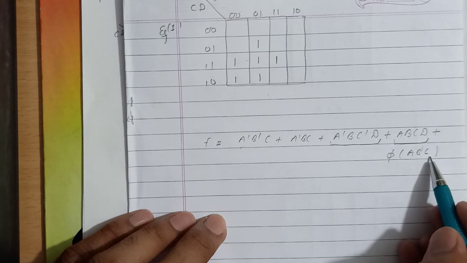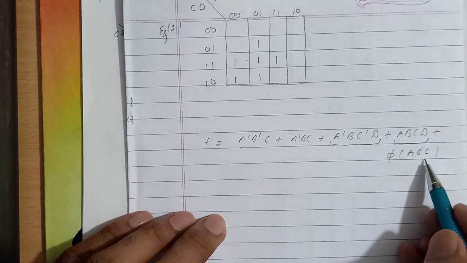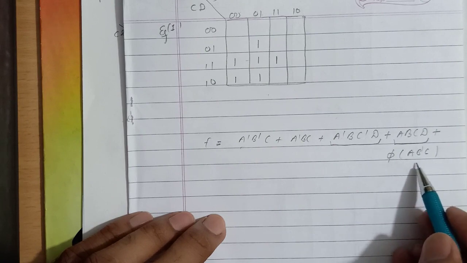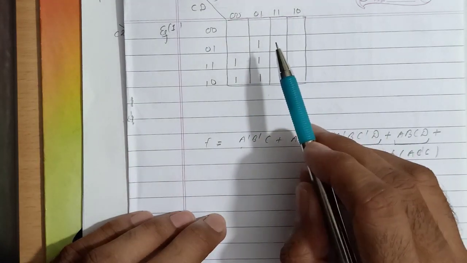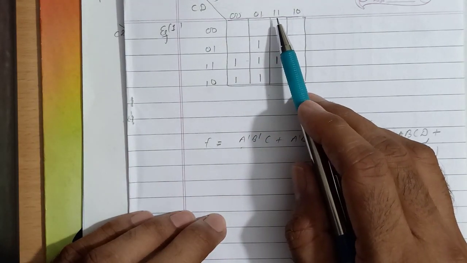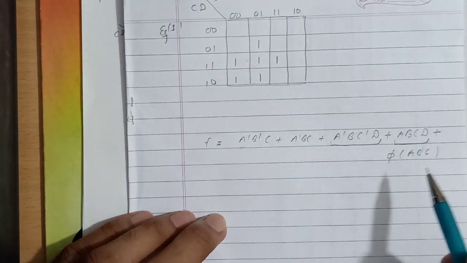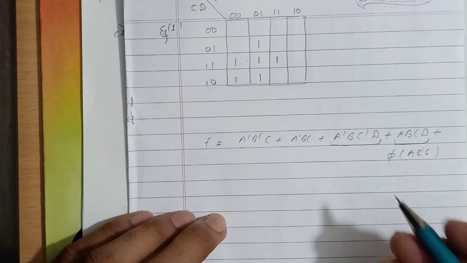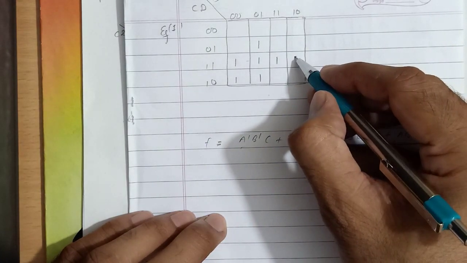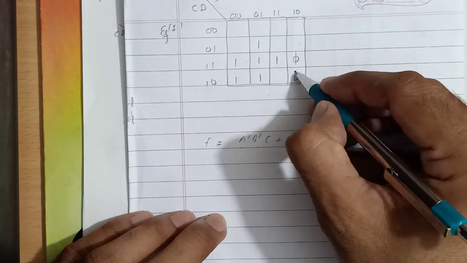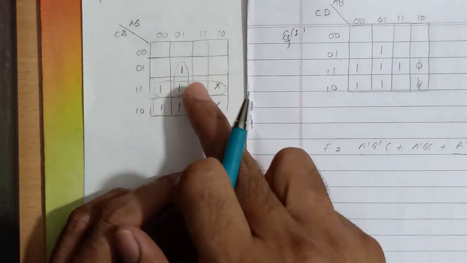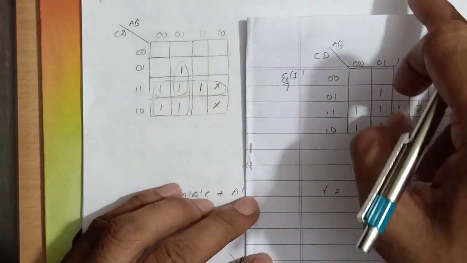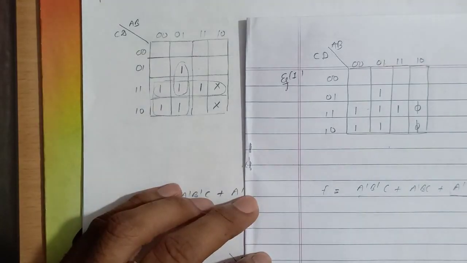A B dash C is the don't care with 3 literals, which means it will be satisfied using 2 squares: A B dash and then C. Okay, so I have drawn the K map corresponding to this Boolean expression.